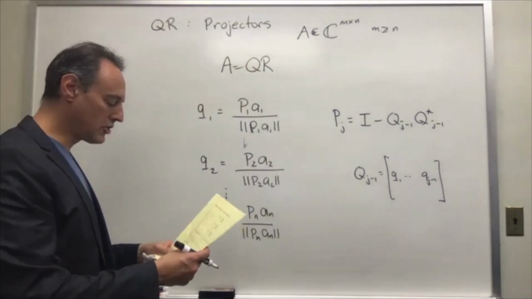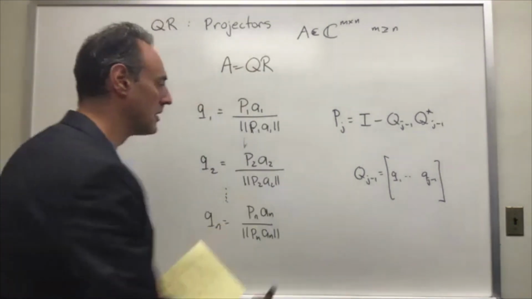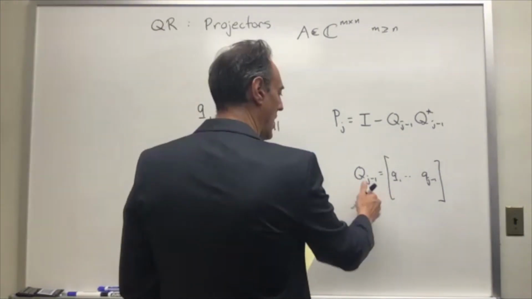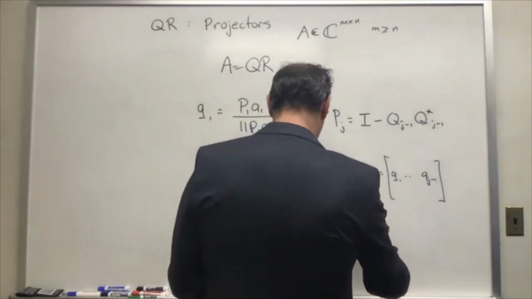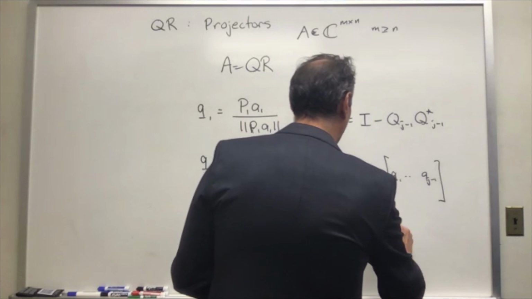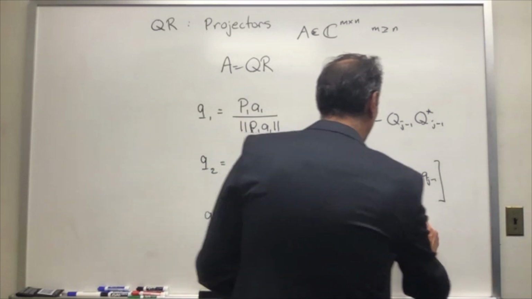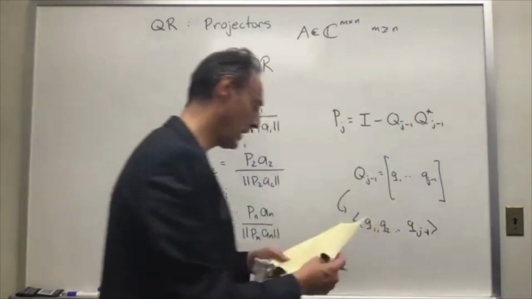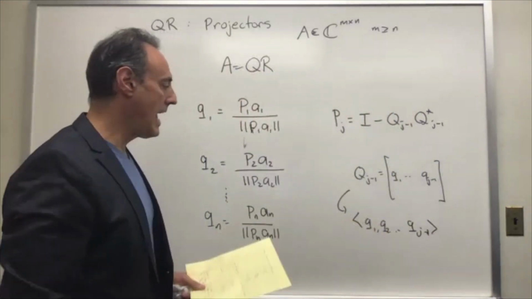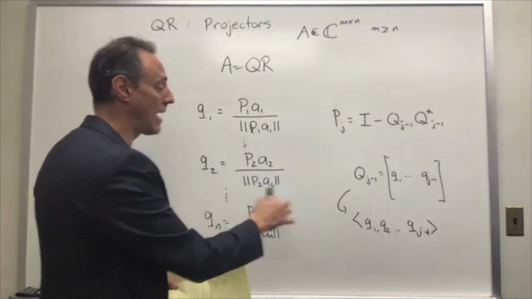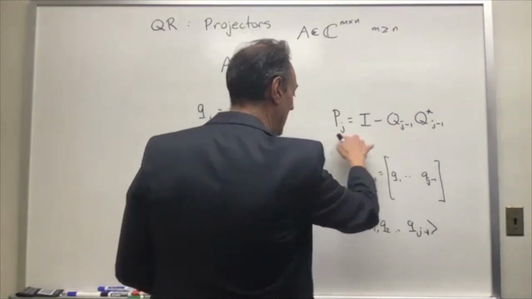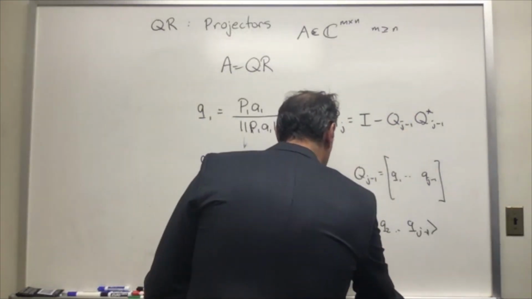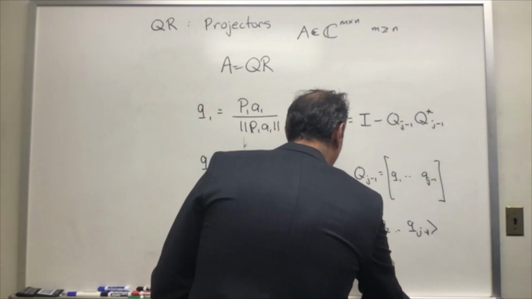Now, I want to remind you a couple things. This Q of j-1 is a space that's spanned by Q1, Q2, all the way to Q of j-1. Okay? And the P of j is orthogonal to this.